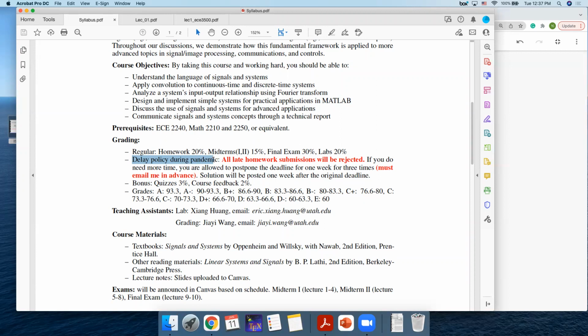Okay, so this is the late submission policy. Make sure you understand this policy. Other than the 3 chances, all late submissions will be rejected. And for the bonus, we have some bonus problems in the exams. You will see that. The other bonus is course feedback, 2%, at the end of the semester.